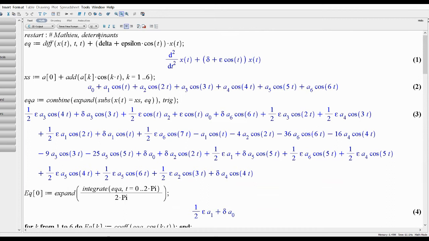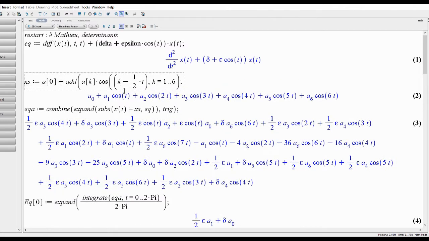I can go back there and look for the solution with the sines. No, let me do something else. Let me do the cosine of (k minus half) times t.